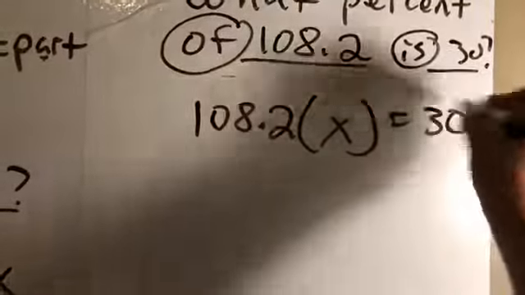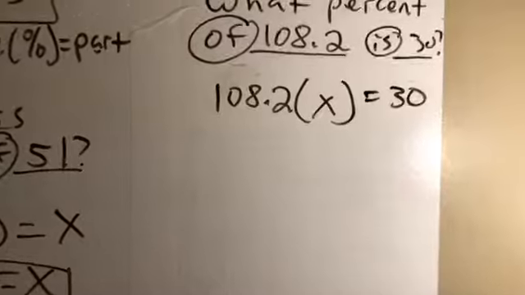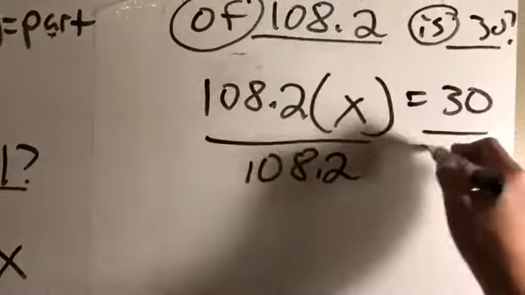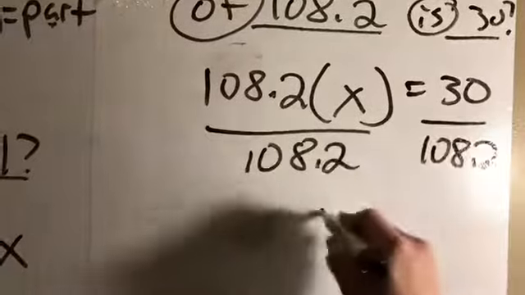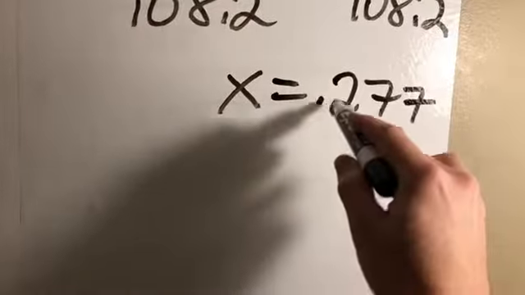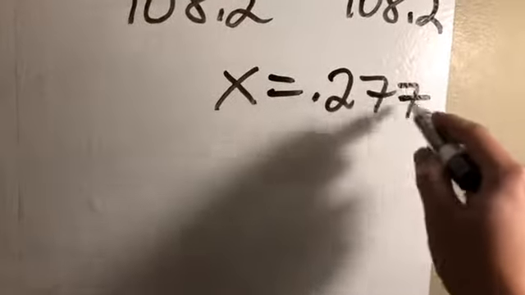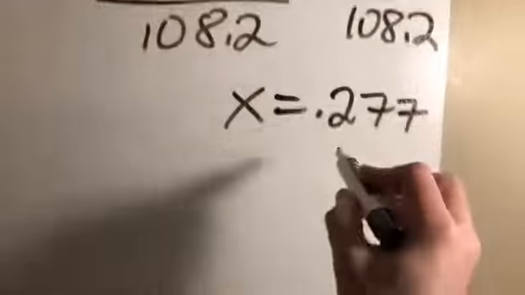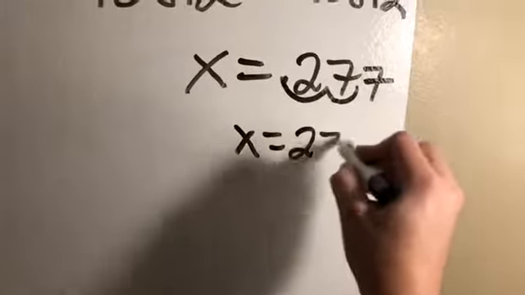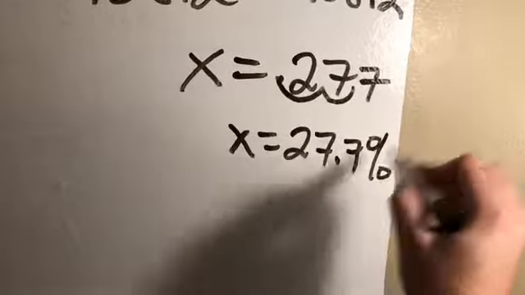So is 30. My only inverse operation here is to divide by 108.2 in order to get my percent. I end up getting 0.277. You guys can always round to 2 or 3 decimal points. Remember, this is the decimal. I need to know the percent. So now I'm going to move it over 1, 2. X is equal to 27.7%.